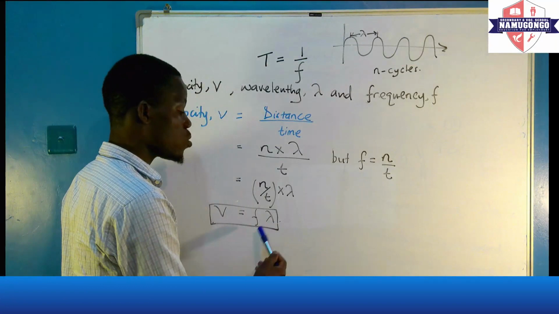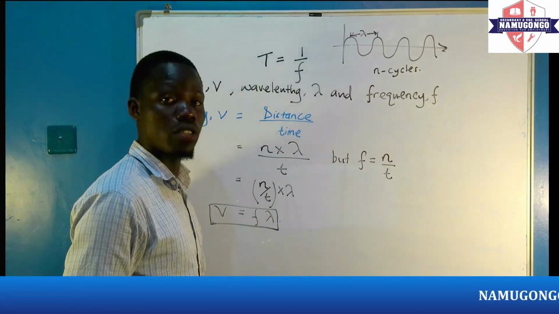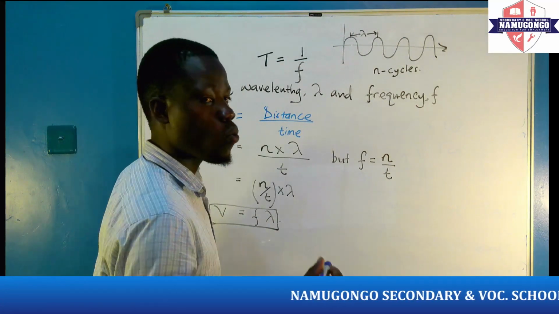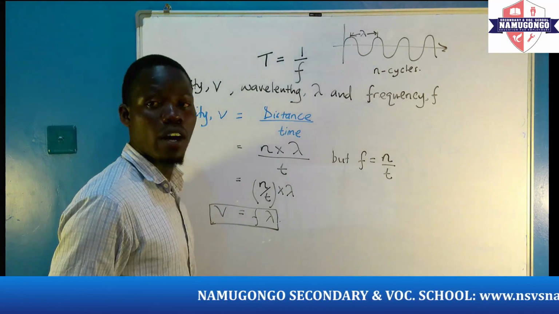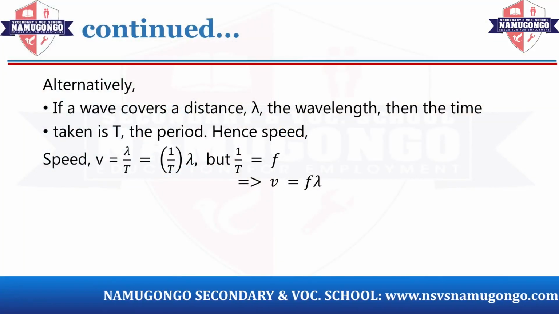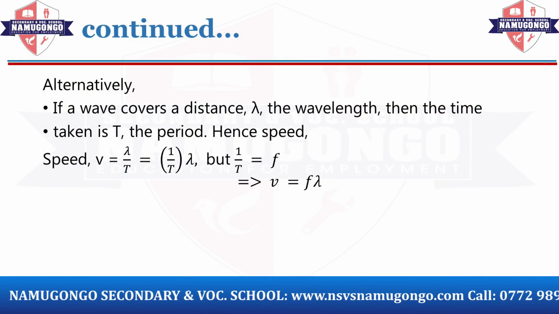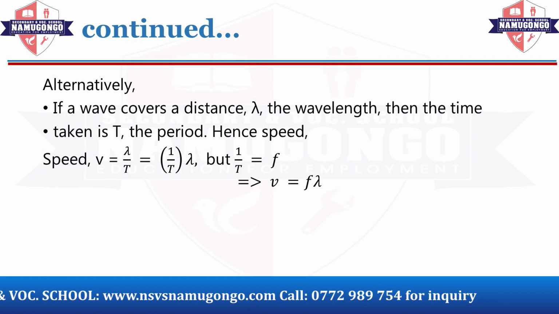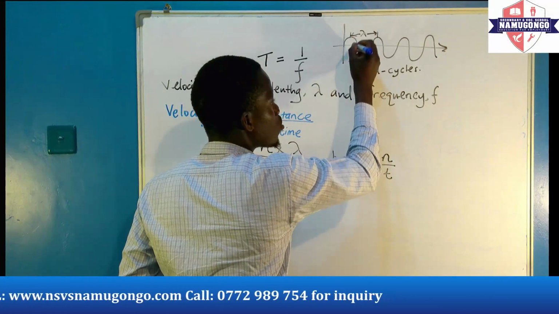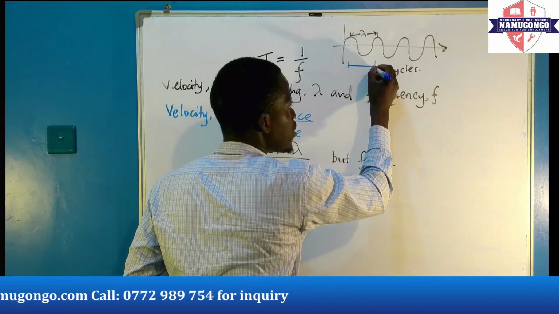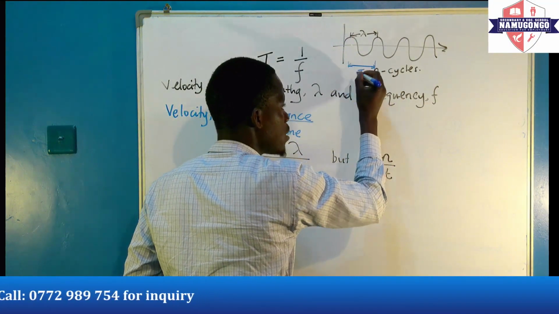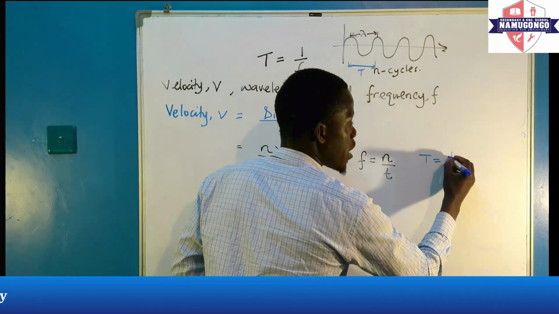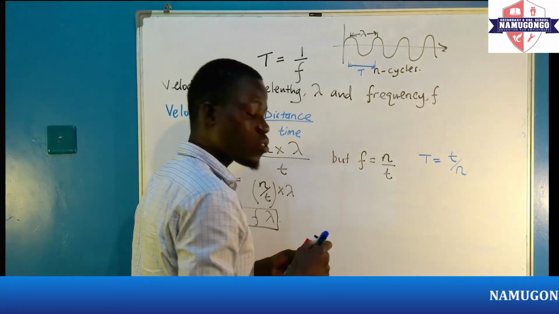So this is the equation which describes our wave, and we can use it to calculate numbers. Alternatively, when a wave covers a distance lambda in a given time, remember we said that for a wave to make a complete oscillation, it takes its period. And period is the time taken for a complete oscillation.